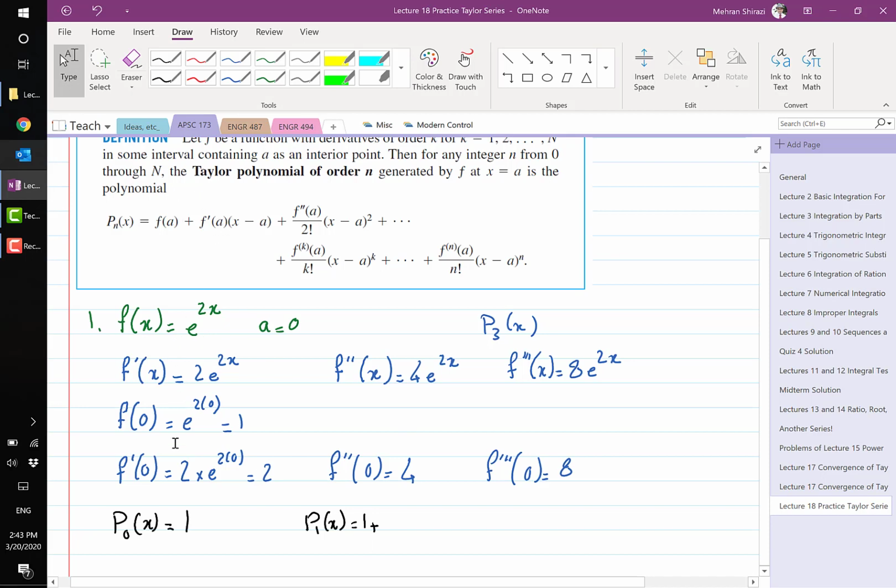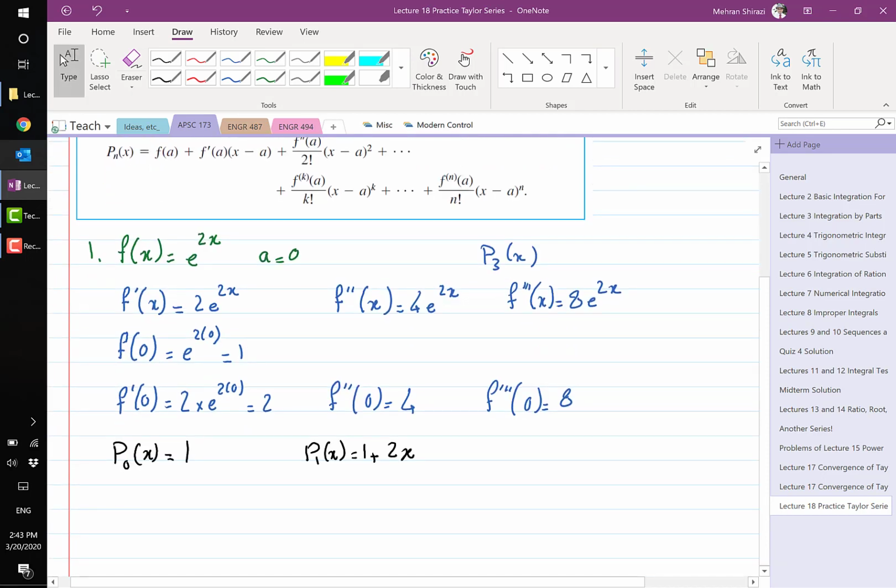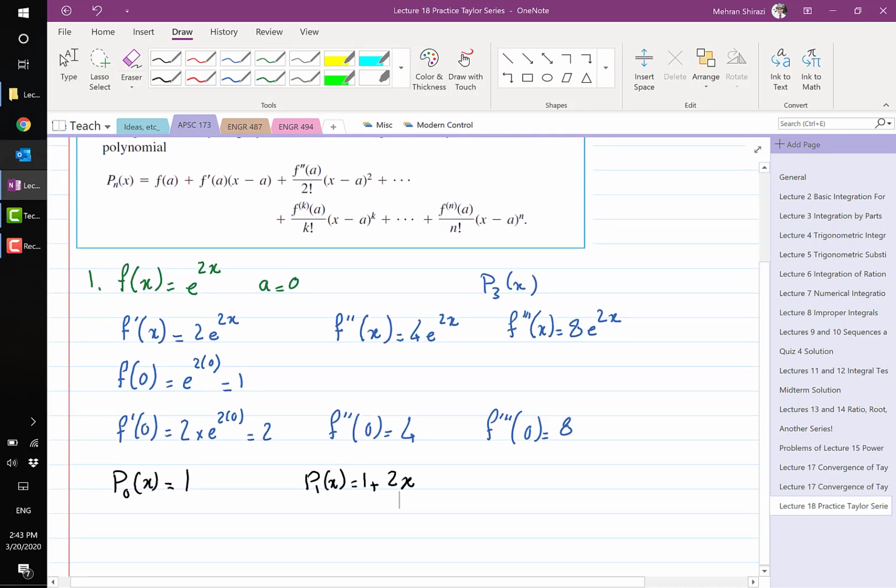F prime at 0 is 2, so we will have 2 times x minus a. A is 0, so we have just x here. 1 plus 2x. This is the line that approximates e to the power of 2x around the center 0. Let me write 2 more Taylor polynomials.